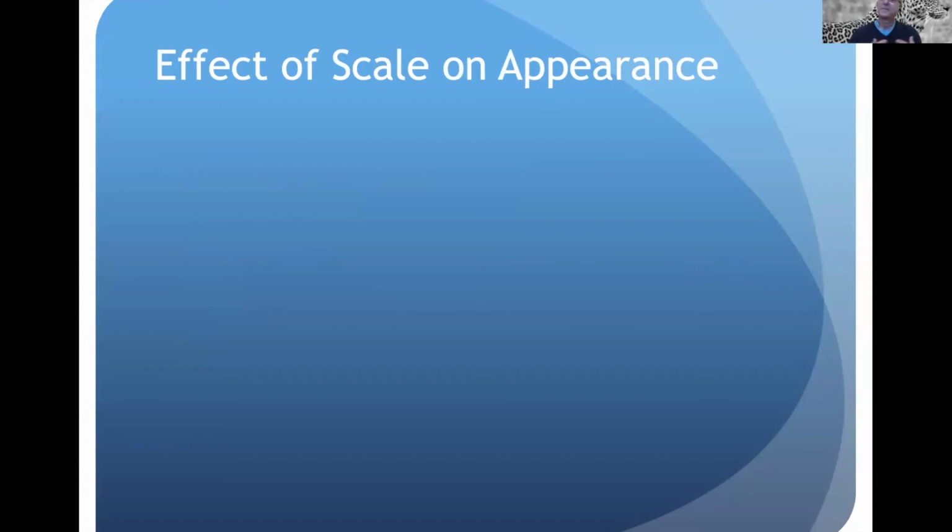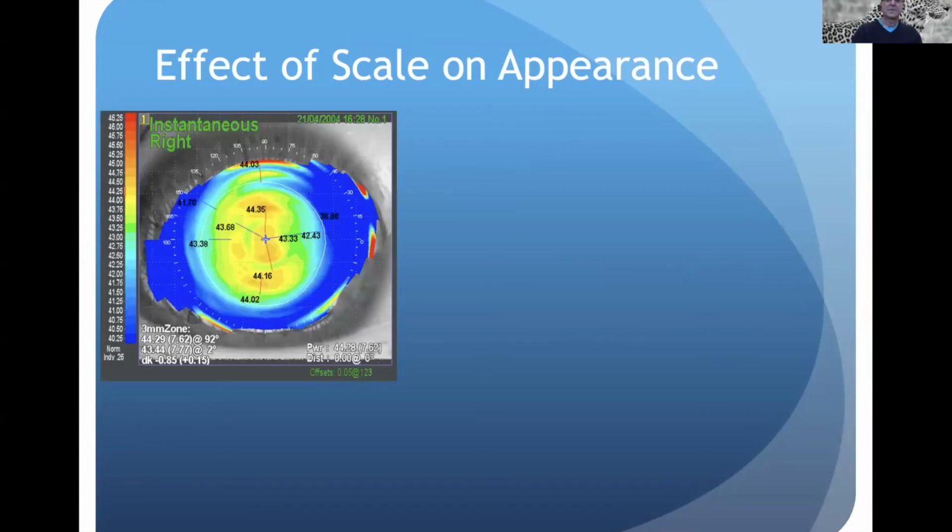I've heard him say that his scale, the SK scale, 1.5 diopters absolute, is the most accurate representation of what the cornea is doing from a refraction point of view.